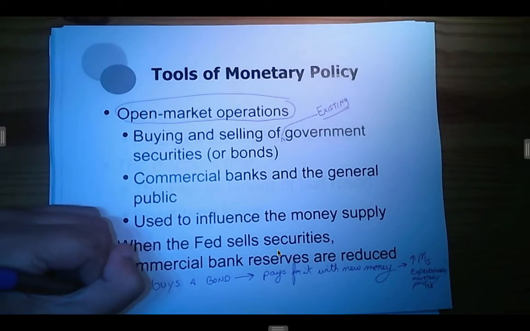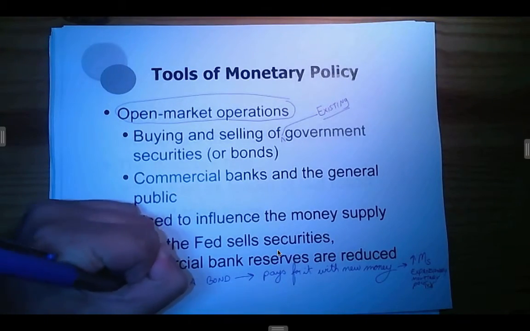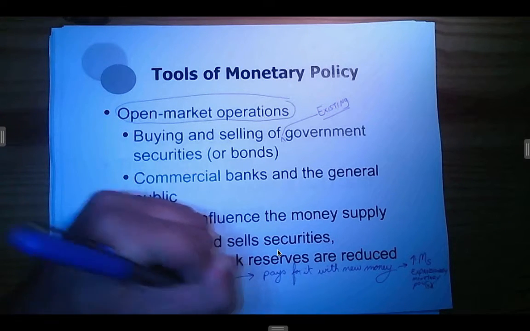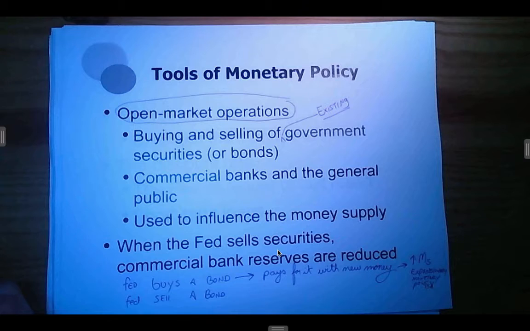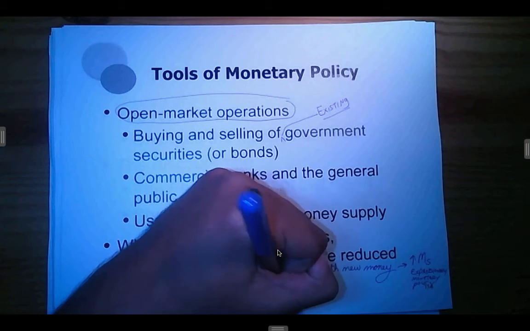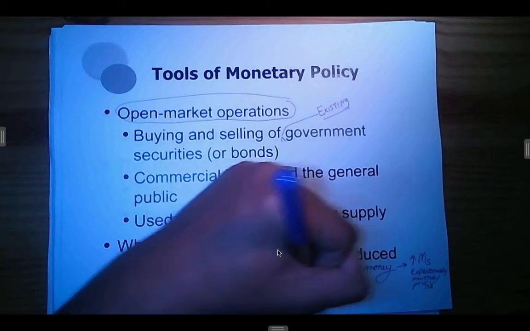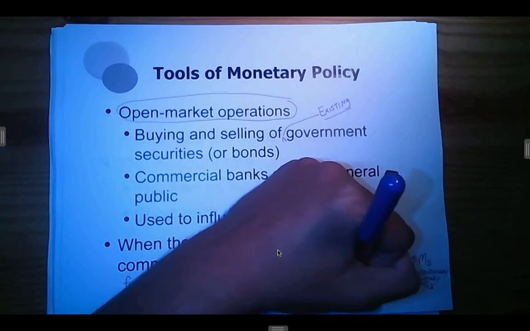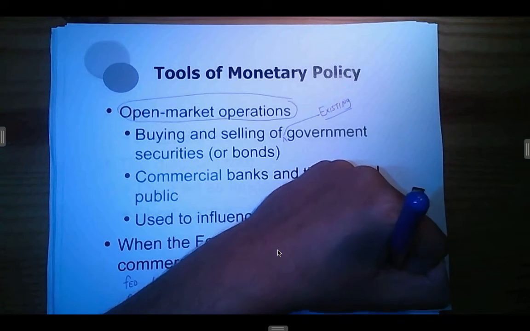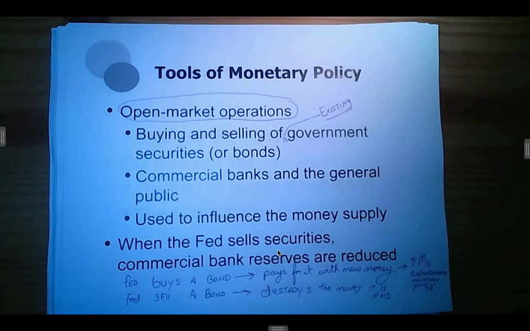Alternatively, the Fed could sell a bond, and if the Fed sells a bond, then it destroys the money that it is paid. Right?